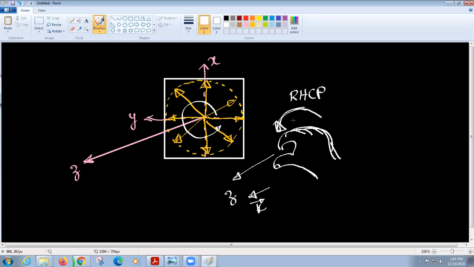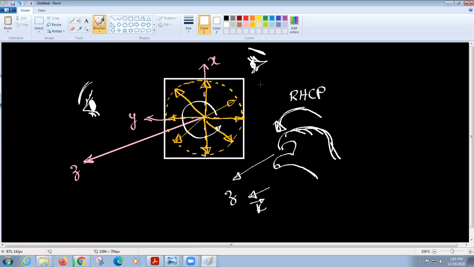But according to the physics community, they say this is left hand circular polarization. That means if I see from this view, I have one perspective, and if I see from this view, I have another perspective.